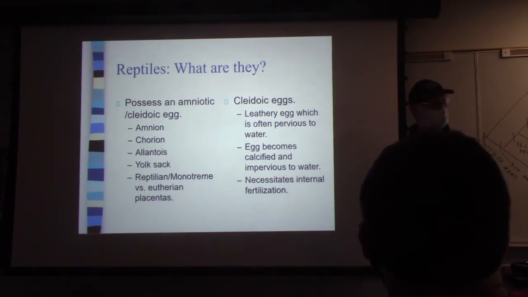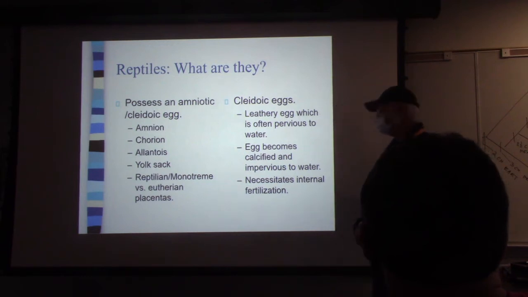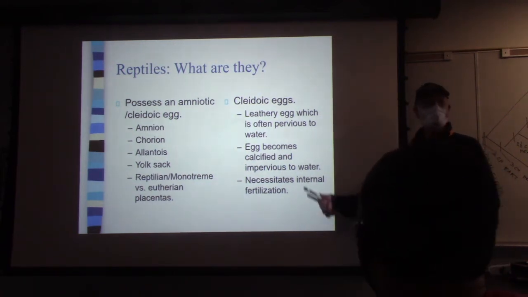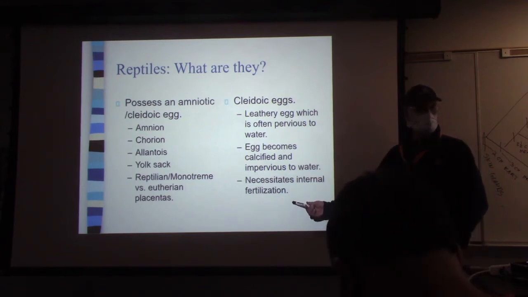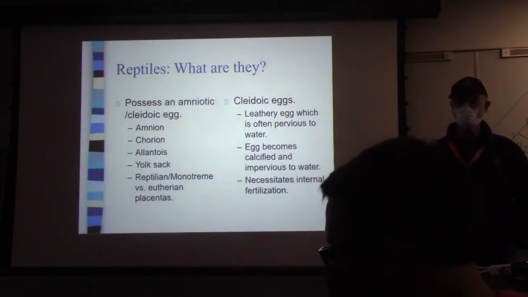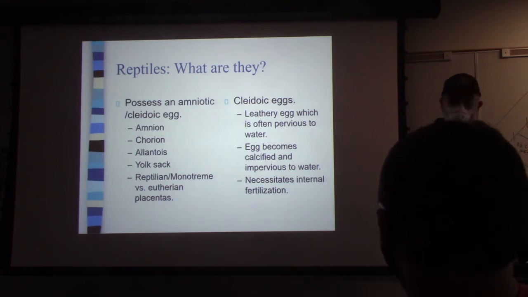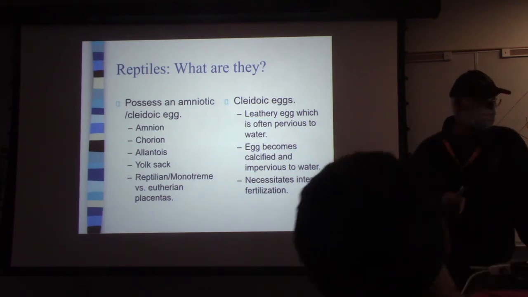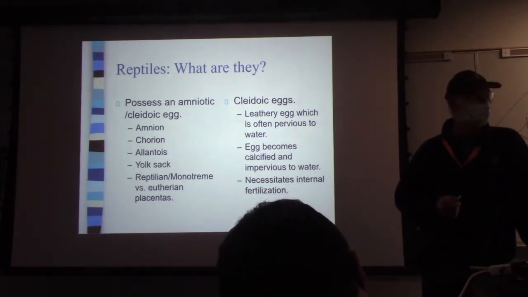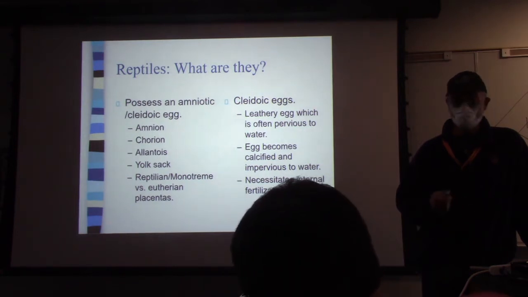They deposit them in places where you can get water exchange with the soil. Sometimes the egg becomes calcified and impervious to water. In any event, what that means is that you have to have internal fertilization. So reptiles, without exception, have internal fertilization. That's something that only some amphibians do.